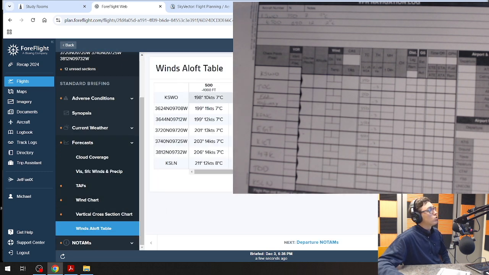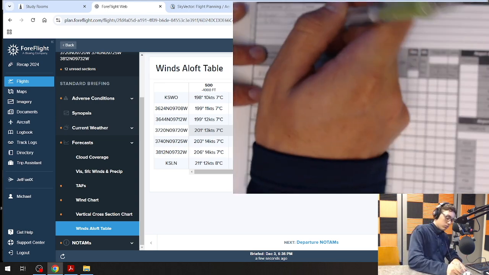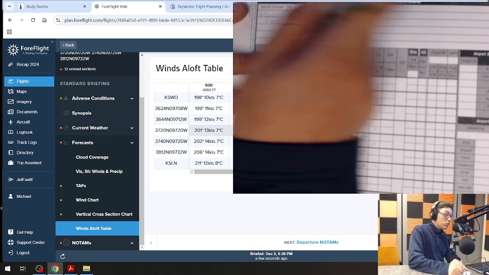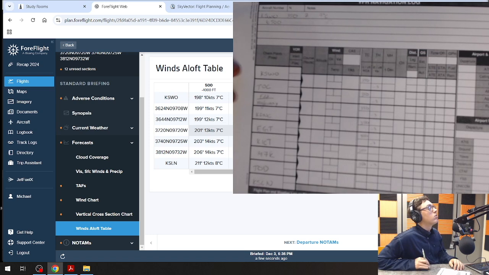Let's look. 241, 242, 244, 248. Now we're going to just imagine these winds. So it looks like it's going to be around a left crosswind here. Left crosswind, let's use 6,500. Actually, let's go 4,500. Winds are slightly better.